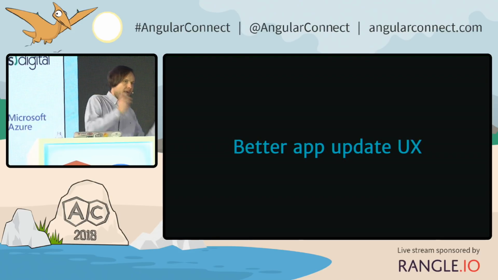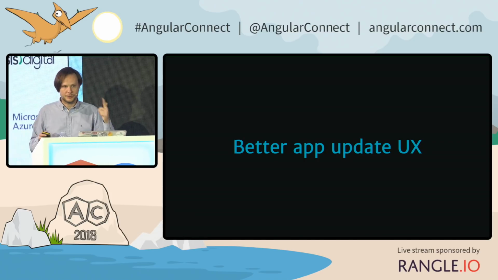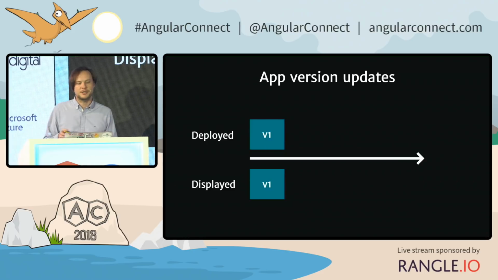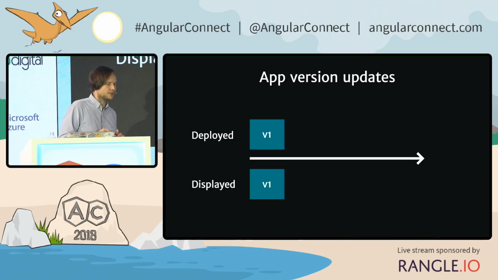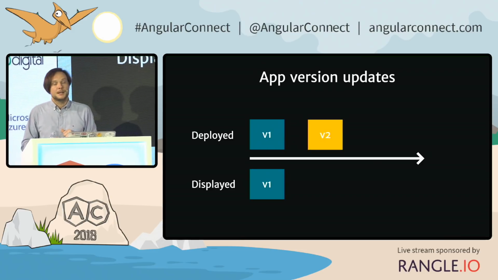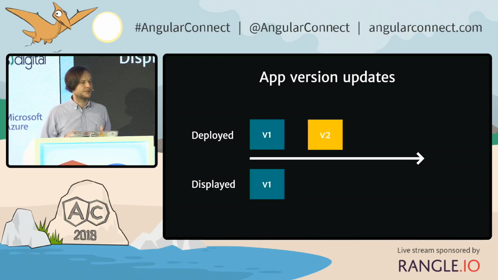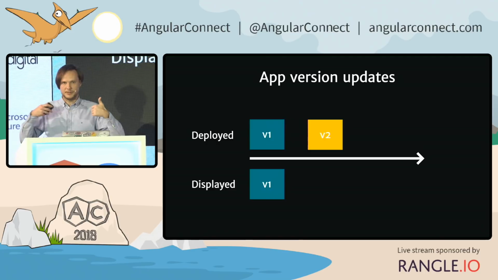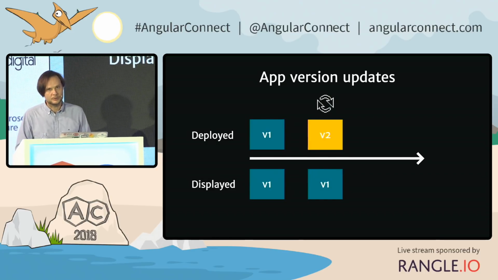It was the bare minimum of PWA, but we forgot about one important UX issue, right? About the one number 3. To illustrate this, here is the timeline of our application. We deployed version 1, we open it in the browser, it's version 1, right? Next, we updated our logotype, fixed some bugs, and deployed version number 2. Our users who opened version 1 a second ago, or a week ago, or a year ago, will still see version 1 on the first load.